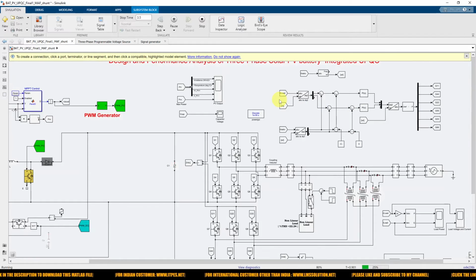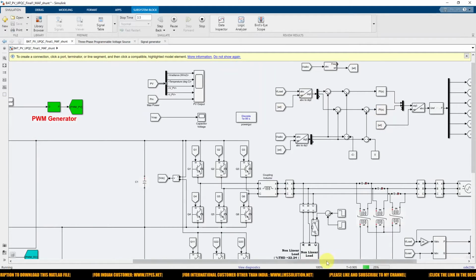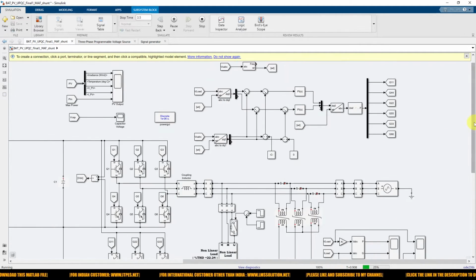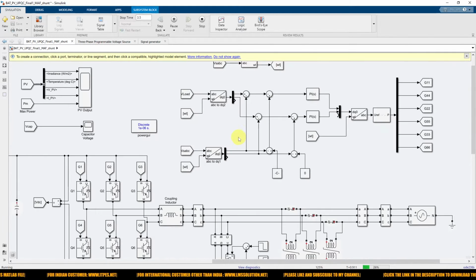Based upon that, the source voltage and the load voltage we are going to measure. This is the control logic we are using for that series converter. Here we need to measure the load voltage and the source current, and that should be converted to dq0.